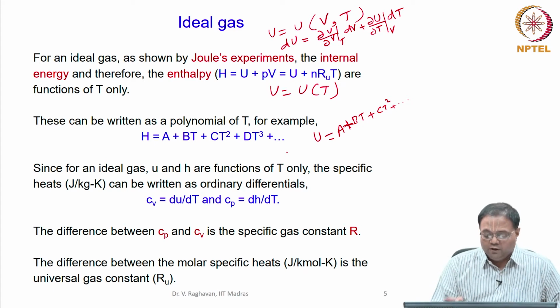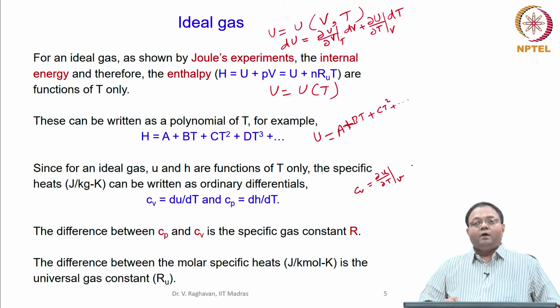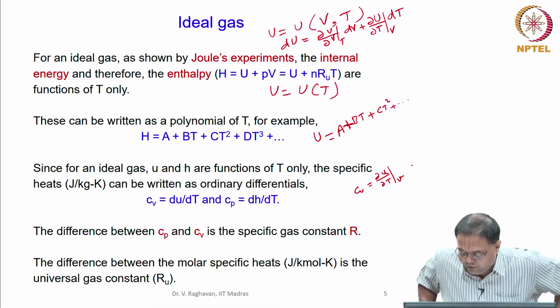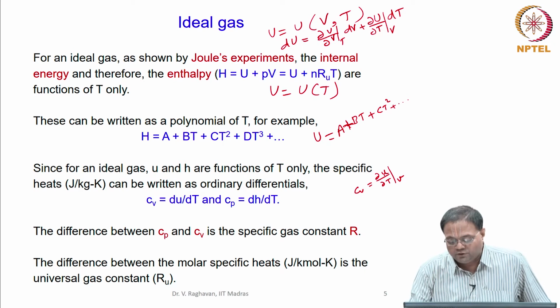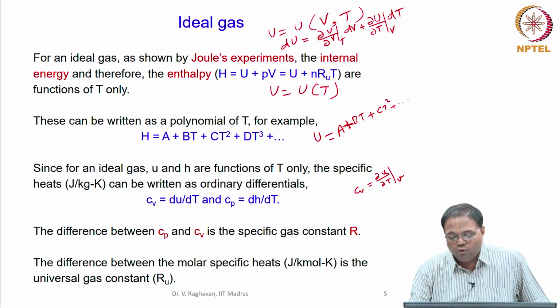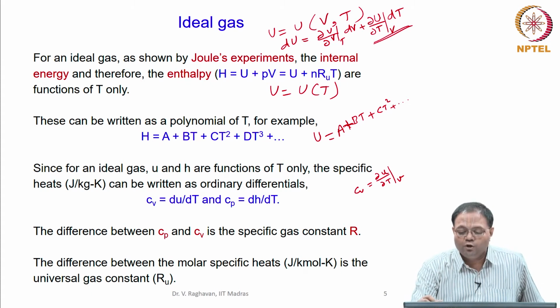For example, the specific heat Cv is defined as dou U by dou T at constant V. So this is a specific property. Specific heat at constant volume is defined as the partial derivative of U. When you divide this capital U by mass, you will get the specific heat.